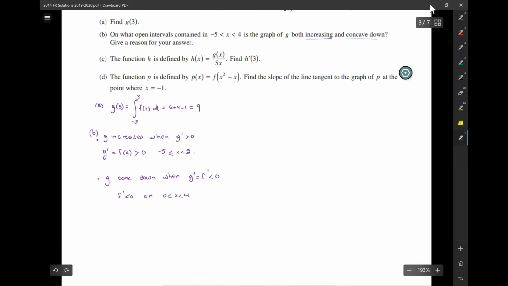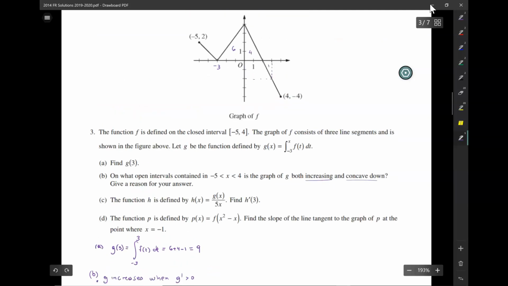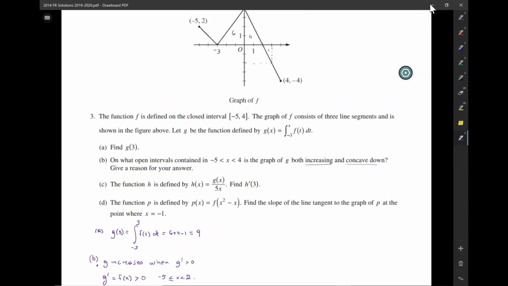All right? And the region where this overlaps is from what to what? 0 to 2. Isn't it also decreasing? Yeah, from -5 to -3.